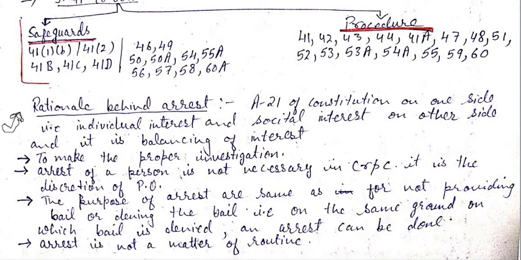So there could be many grounds for arresting a person, because in any case there must be a fair investigation, and it is necessary for a fair investigation that any kind of obstruction which arises during the investigation should be prevented or avoided.